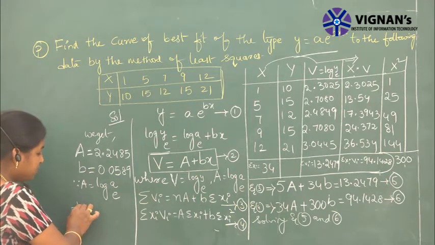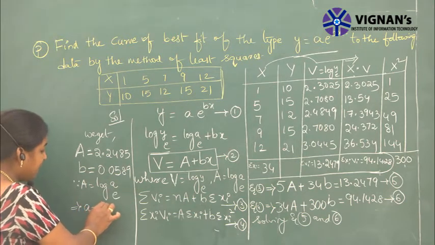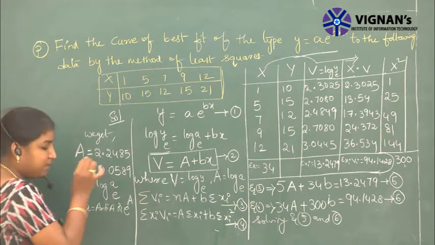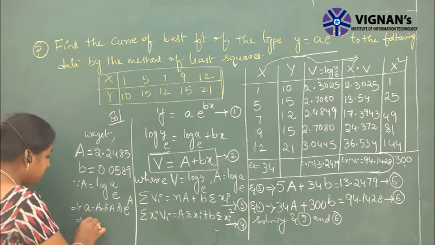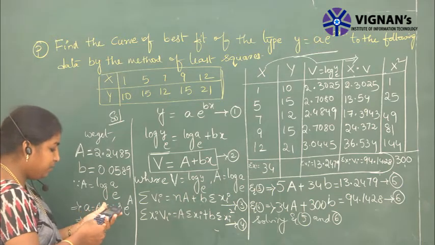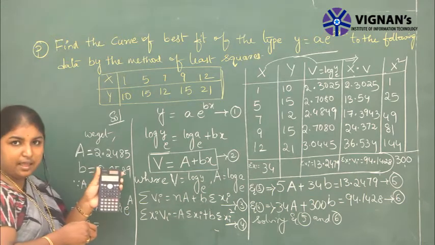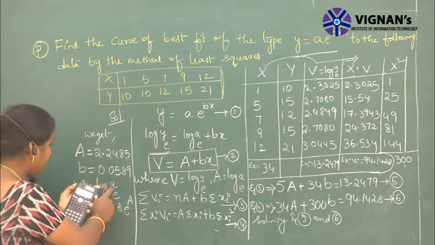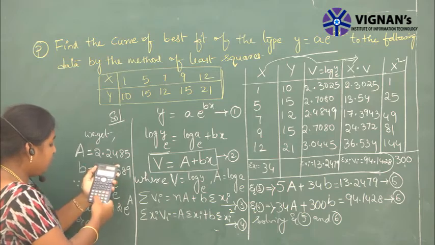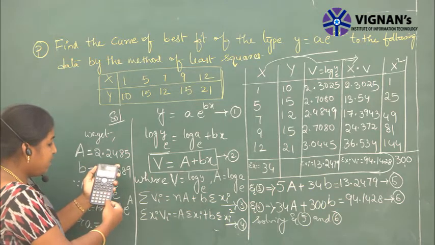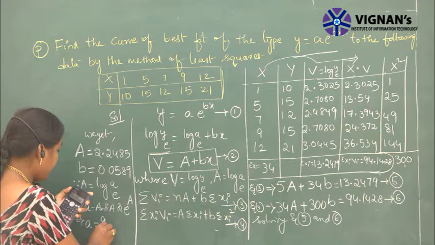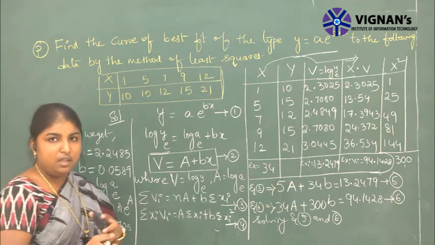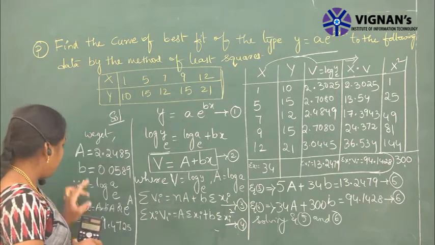This implies small a can be written as antilog of capital A or e power capital A. So small a is equal to, using calculator, e power 2.2485, that is equal to 9.4725.